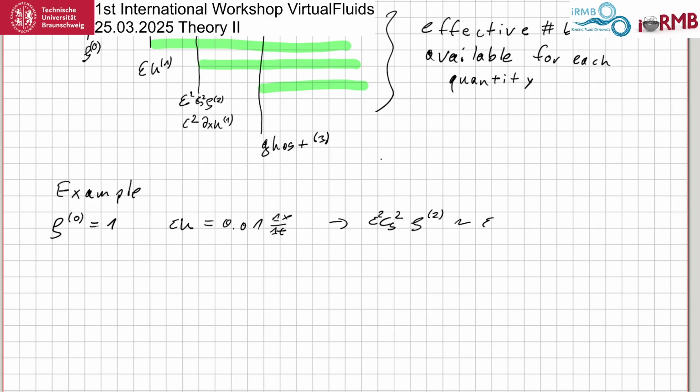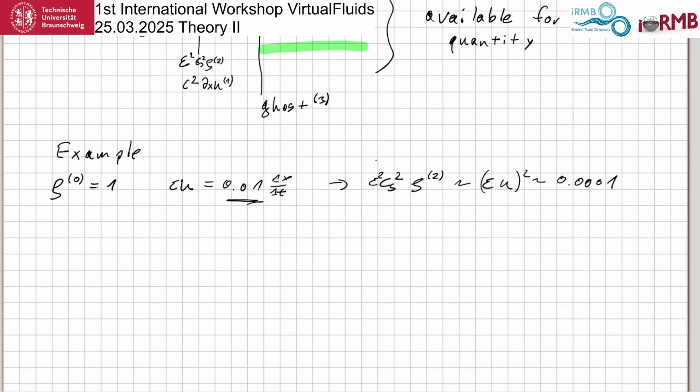So this is proportional to epsilon u squared, which means that if your numerical value of the velocity is 0.01, the variation that you see in pressure will be of the order of 0.001. Yeah? So it's like the square of what you have here. And this rho 0 is, of course, the largest and defines the exponent.